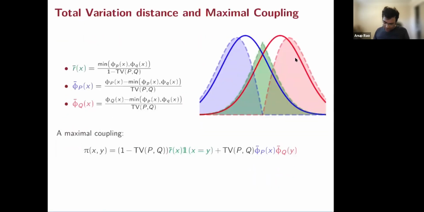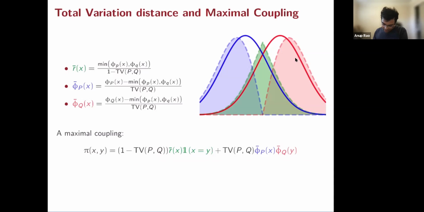Here is one way to show that there is a maximal coupling. Say the two distributions P and Q have PDFs, probability density functions. Then an easy way to construct a coupling is given here as a mixture of two distributions.